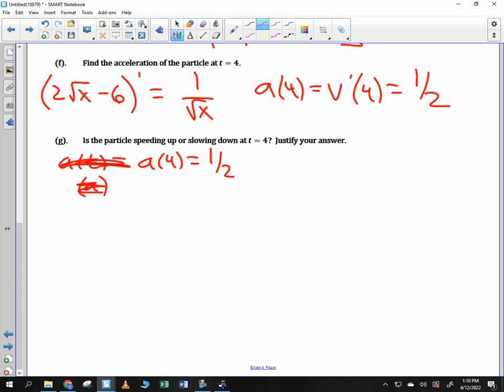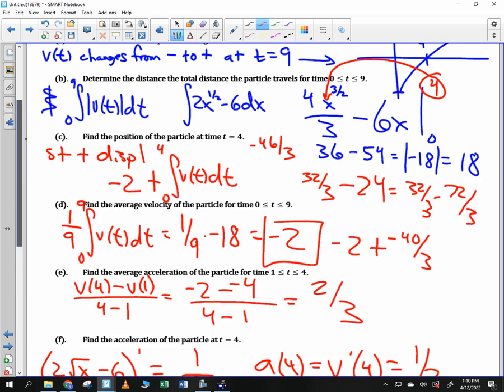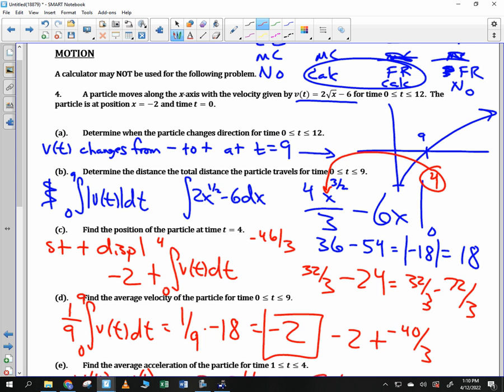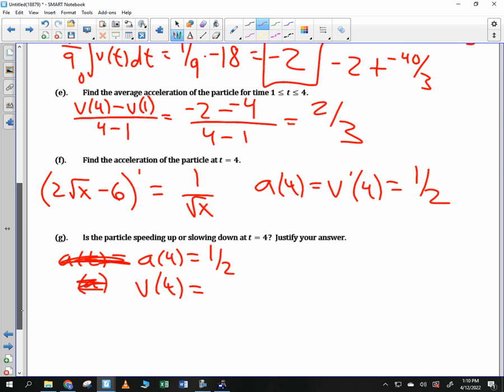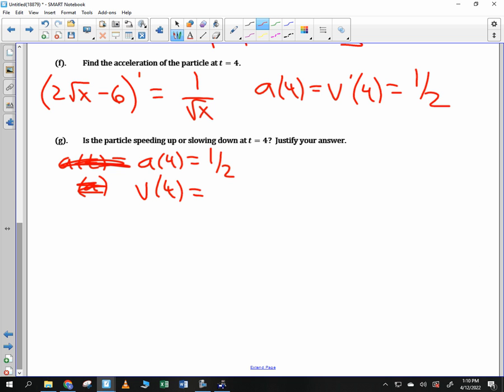What am I missing in order to determine that answer? I need just the velocity at time 4. How would I figure out the velocity at time 4? Yeah, just plug 4 in. And if you look at that function up there, if you plug 4 into here, what do you get? You get negative 2, don't you? So it looks like we have the acceleration at time 4 is 1/2. The velocity is negative 2.